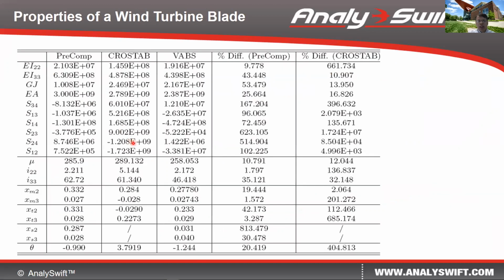We found that VABS has been consistently outperforming the other tools for turbine blades, particularly for the elastic couplings, which the other tools usually have difficulty dealing with, and also torsional stiffness and shear centers. VABS has been consistently excellent in terms of prediction when we compare with more high-fidelity 3D finite element analysis.